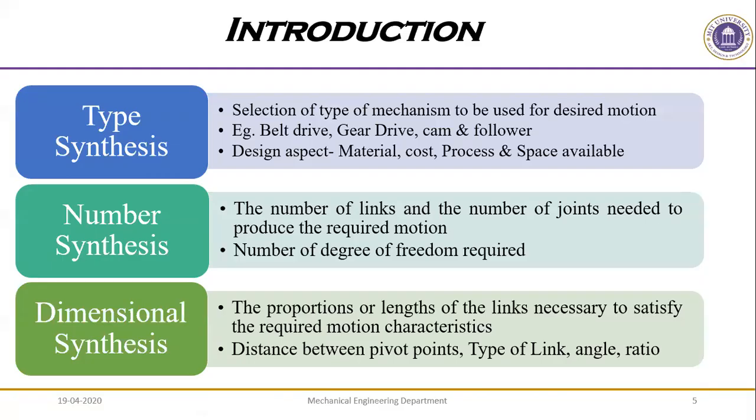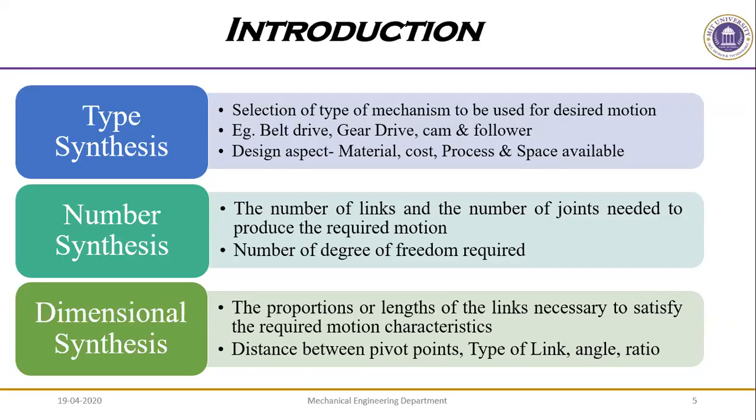In order to achieve the required output, which type of mechanism we have to select, which type of drive, which type of linkages we have to select, that comes under type synthesis. Means whether we have to use belt drive, gear drive, cam and follower, or motor drive, whichever we have to select in order to get the required output. That comes under type synthesis. Means in synthesis, our first step is type: which type of mechanism we have to select.